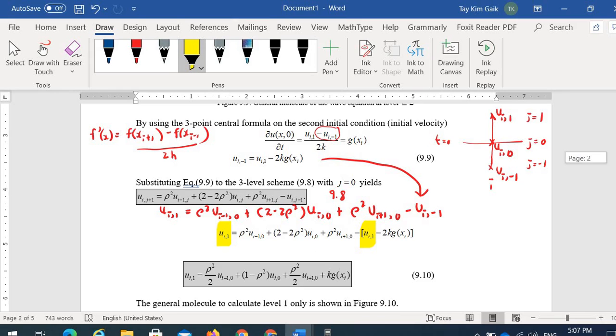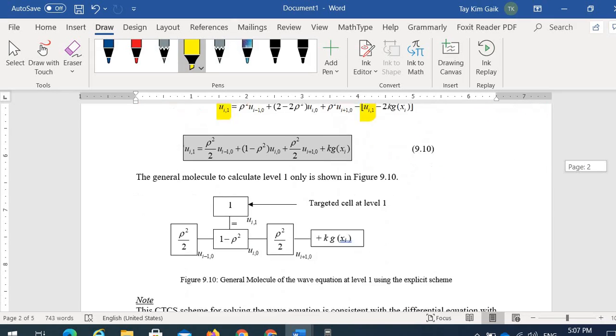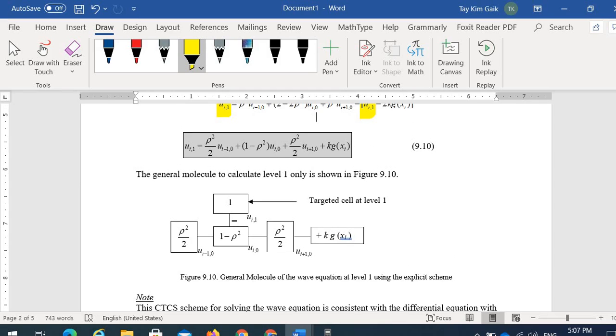So equation 9.10 is used to solve for level 1 only. We want to see the molecule. So u_(i,1), for level 1 only, is equal to rho squared over 2 u_(i-1,0), depending on level 0, plus 1 minus rho squared u_(i,0), plus rho squared over 2 u_(i+1,0), plus k g(x_i). k is delta t, g(x_i) is the initial velocity.